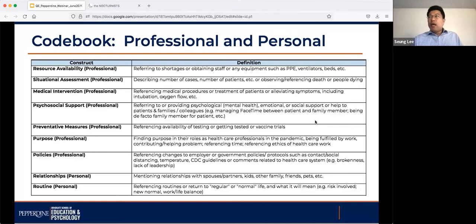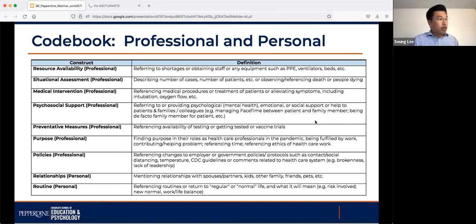And because there was so much emotional content being expressed, in addition to the professional and personal impact of the pandemic that they were describing, we actually had to create two code books.